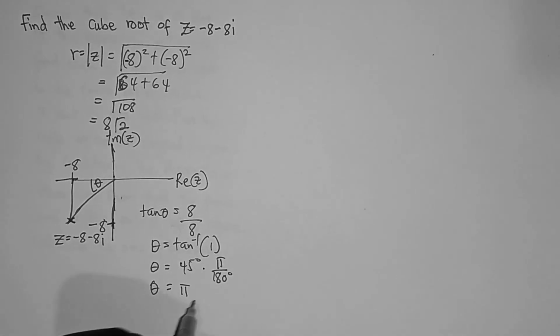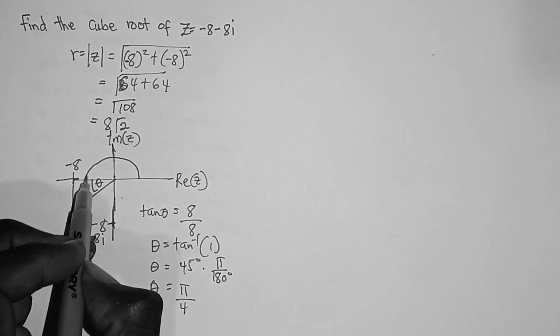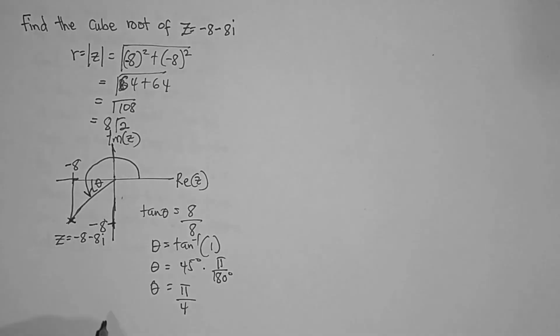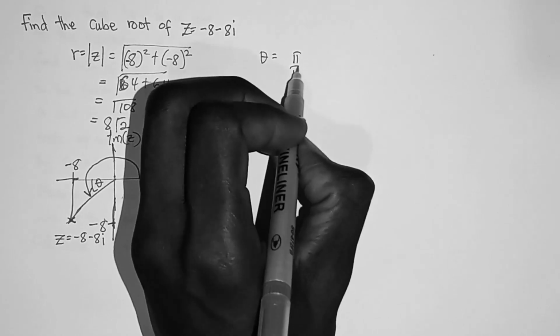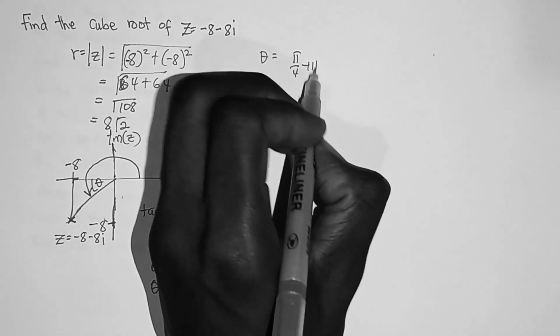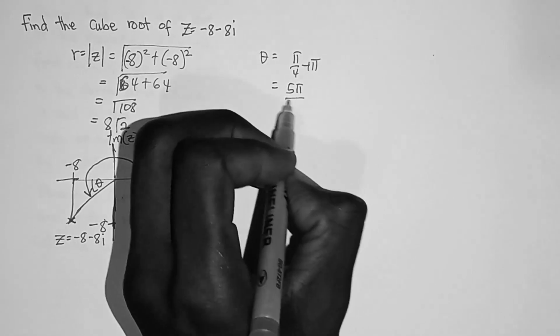Therefore, theta is equal to pi over 4 radians. But remember that we measure the angles from here to this part. So theta is equal to pi over 4 plus pi. And theta is equal to 5 pi over 4.